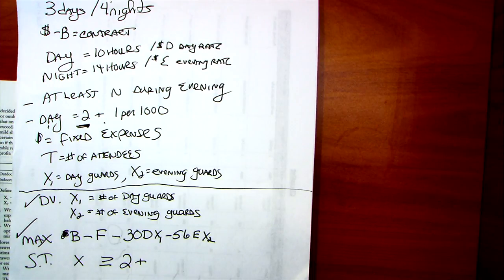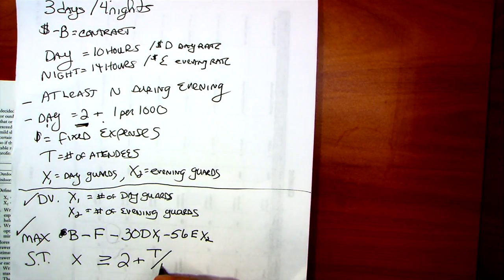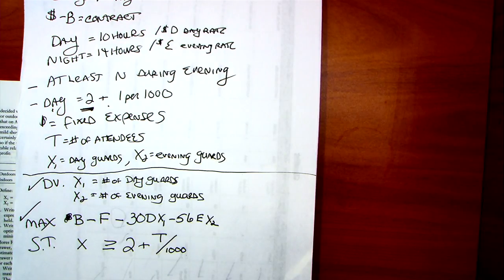If I have 2,000 attendees, how many extra guards do I need? 2. So what mathematical operation is going from 2,000 to 2? How am I getting from 2,000 attendees to 2? I'm dividing that 2,000 by 1,000, so 2 plus t divided by 1,000. Does that make sense? So if t is 5,000, 5,000 divided by 1,000 is 5, and I need 7 guards.